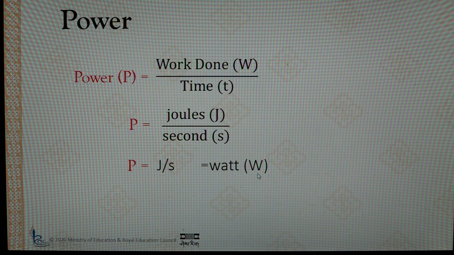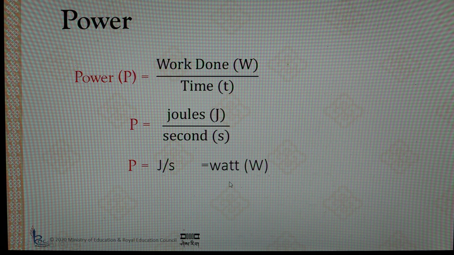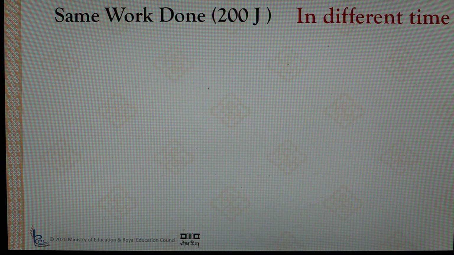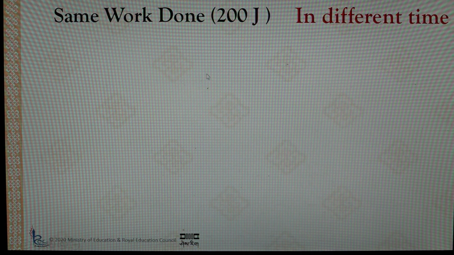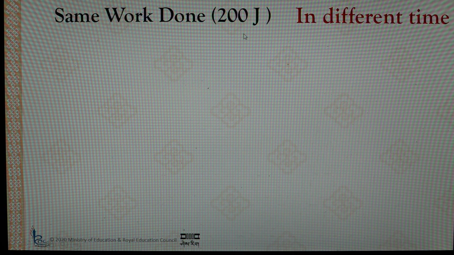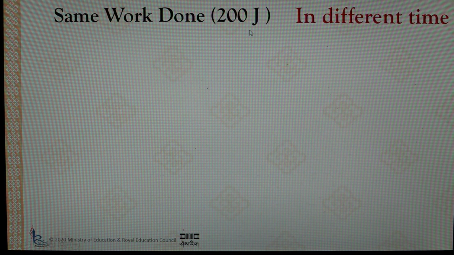Capital W stands for watt. In this demonstration, you have seen that the work done is the same, and we are assuming that the work done is equal to 200 joules because both the kids were transferring an equal number of balls from one basket to another basket, which is 10 balls.